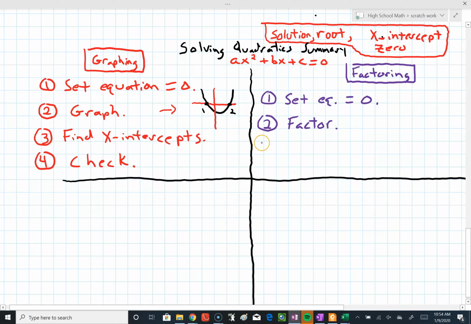Then we will set each factor equal to 0. The zero product property allows us to do that. Write out zero product property if that ZPP is not meaningful to you. And then we will solve and check.